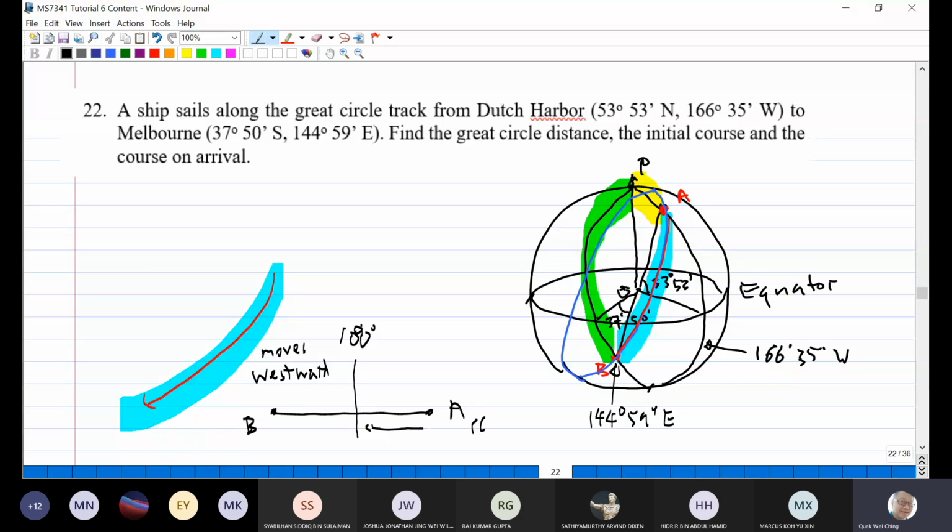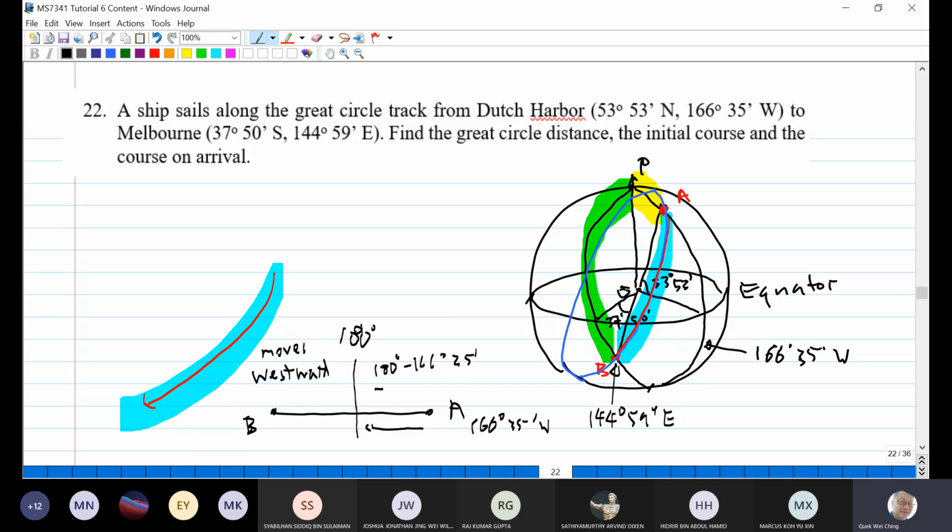This is 166 degree 35 minutes west. So how much it moves until 180, you can calculate here: 180 minus 166 degree 35 minutes.